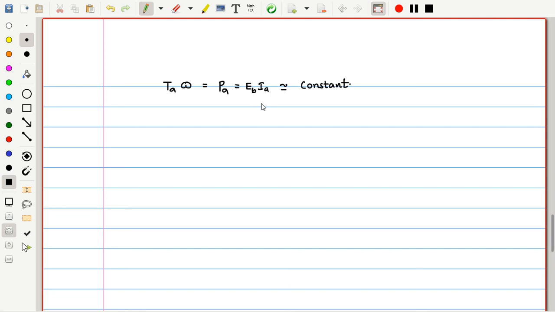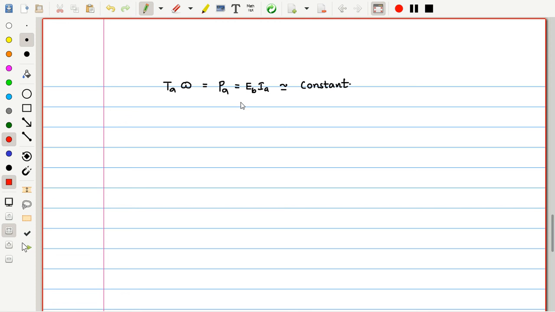We have seen Eb is equal to V minus Ia Ra. The Ia Ra drop is negligible. As armature resistance is small, it is negligible in comparison to the applied voltage. So this goes to 0, then it is almost V, which is almost constant. So the power developed across the armature is assumed constant.